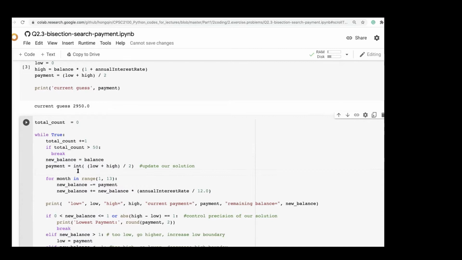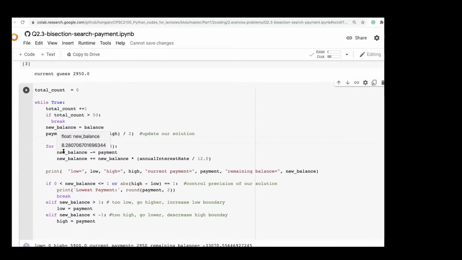Then for this current payment, with that balance, in 12 months, what will the balance become? We take the new balance minus the payment, plus the new balance times the monthly interest rate.